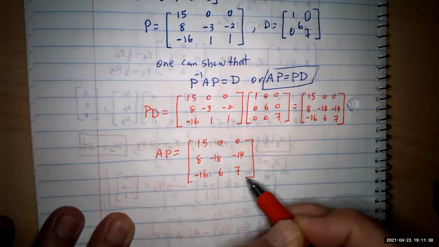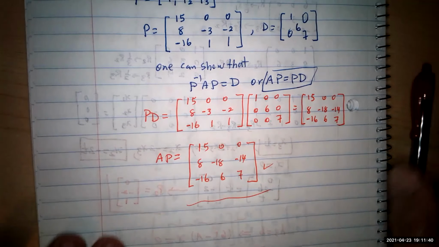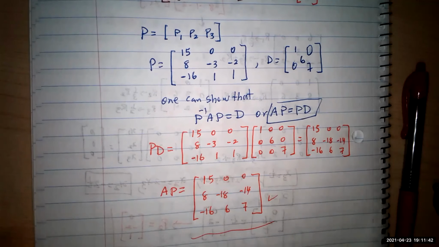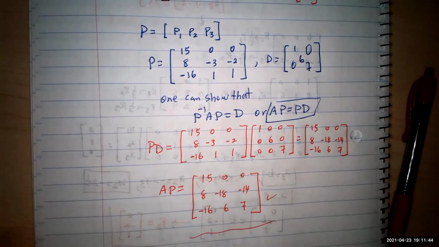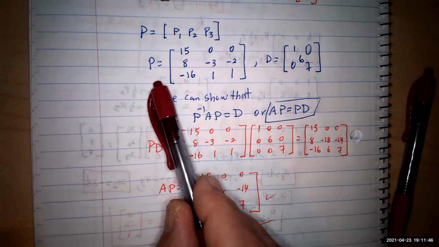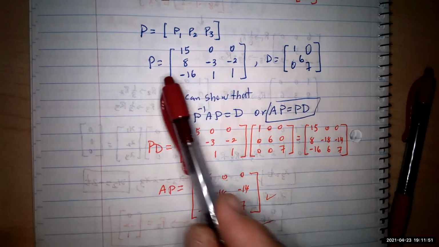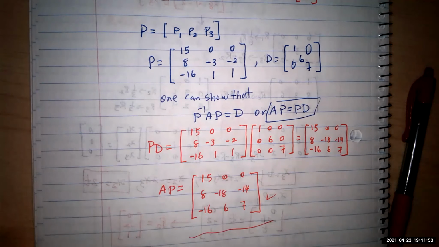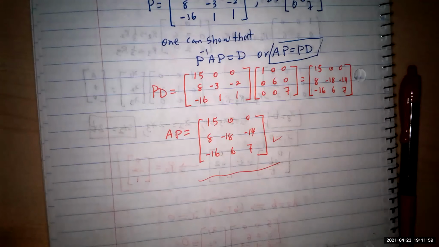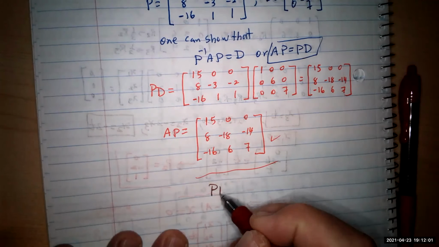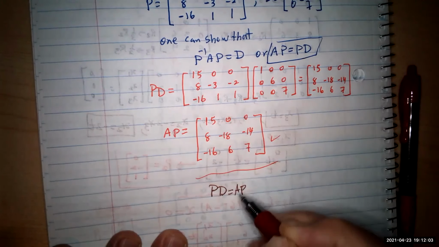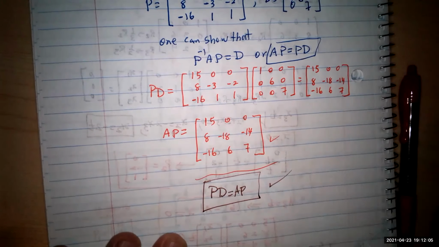In some of the problems in your book, they ask you to confirm it. But on the test, we are going to ask you to find the P. If you find the P, that's enough for us. But if you want to make sure that this P is the correct answer, you have to check these two conditions to make sure that they are equal to each other. If they are equal, this means you got it.